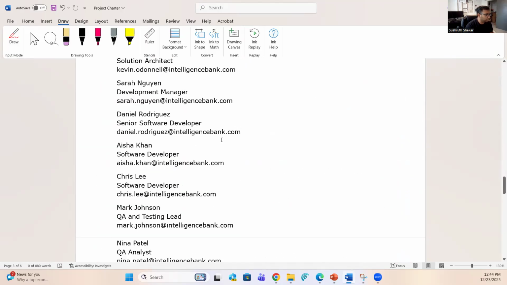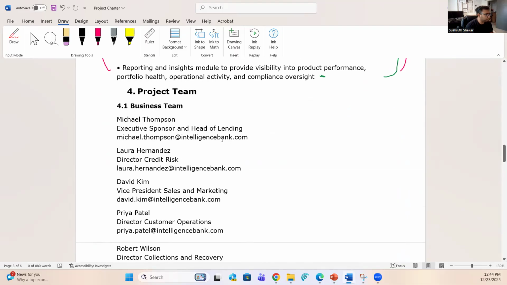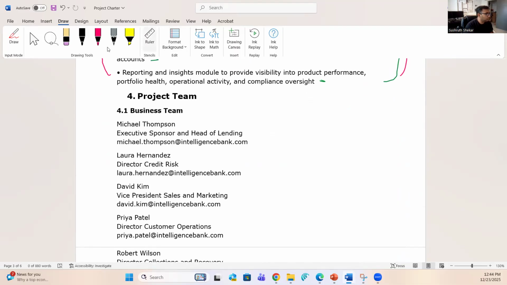So now, let's say, for example, David or Priya. So they have to be around for 2 years fully till the product goes live, because they are the ones who are giving the requirements. They are the ones who should approve those requirements.